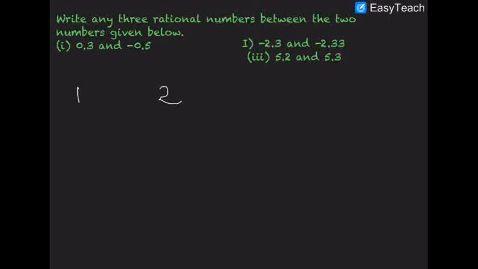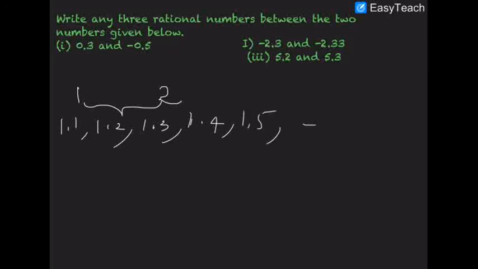The numbers between 1 and 2 are 1.1, 1.2, 1.3, 1.4, 1.5, going up to 1.9, including 1.6, 1.7, 1.8 and 1.9. So these numbers are between 1 and 2.